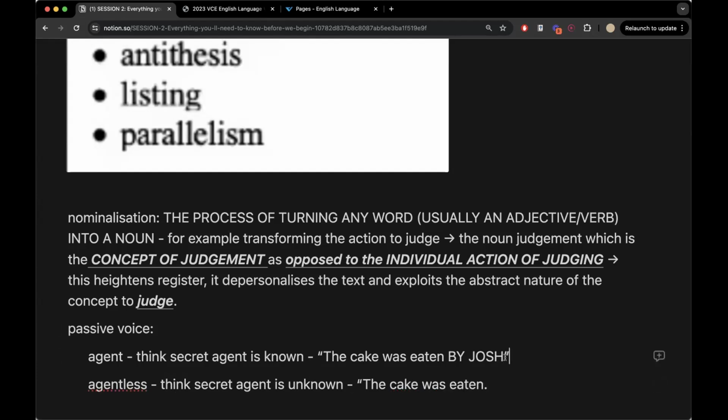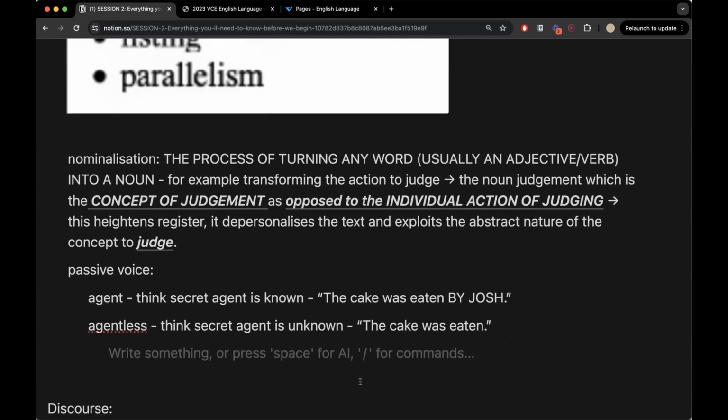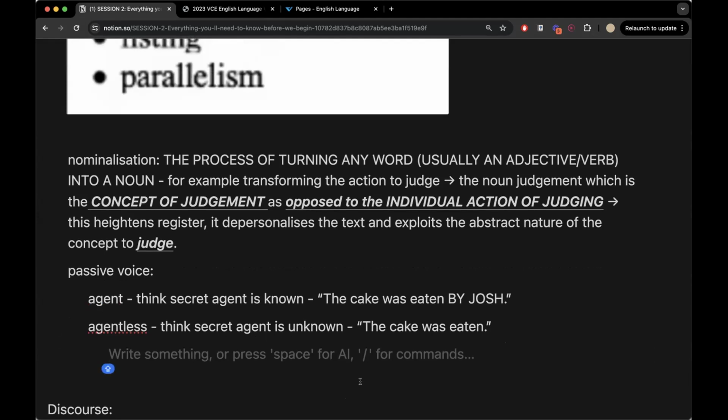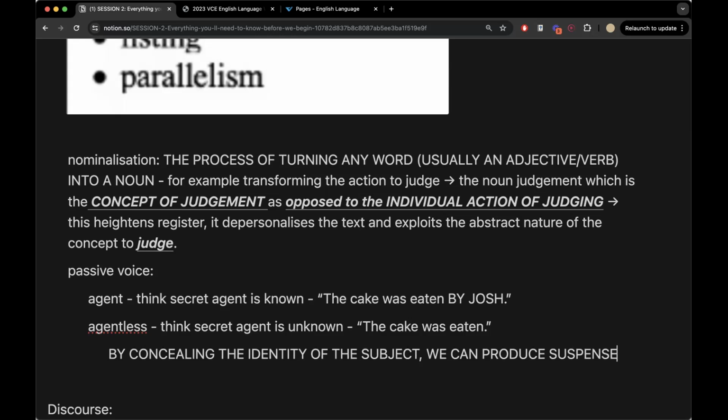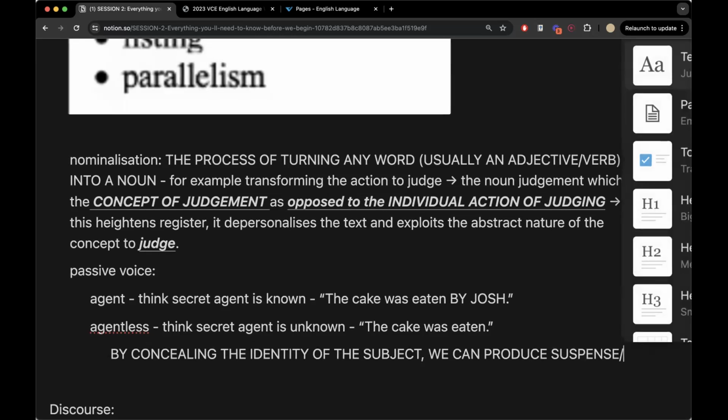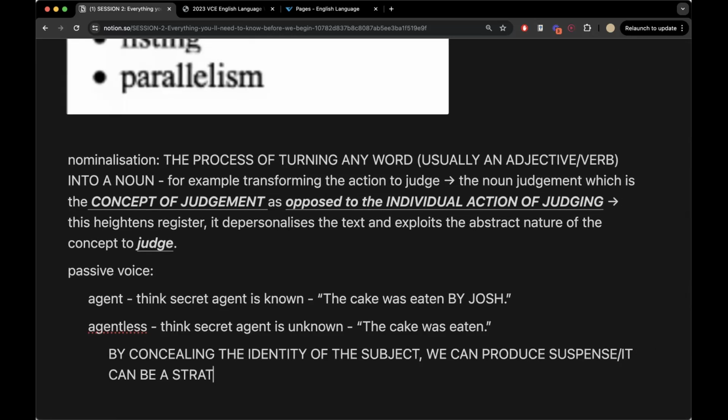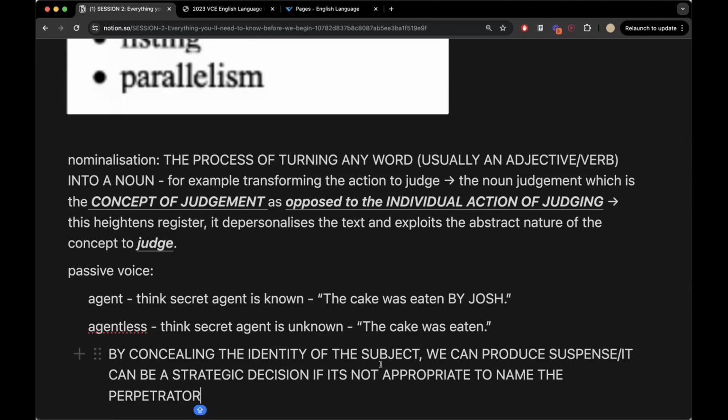So the difference here in analysis is this. Agentless, by concealing the identity of the subject, we can produce suspense, or it can be a strategic decision if it's not appropriate to name the perpetrator. Think of it like that.